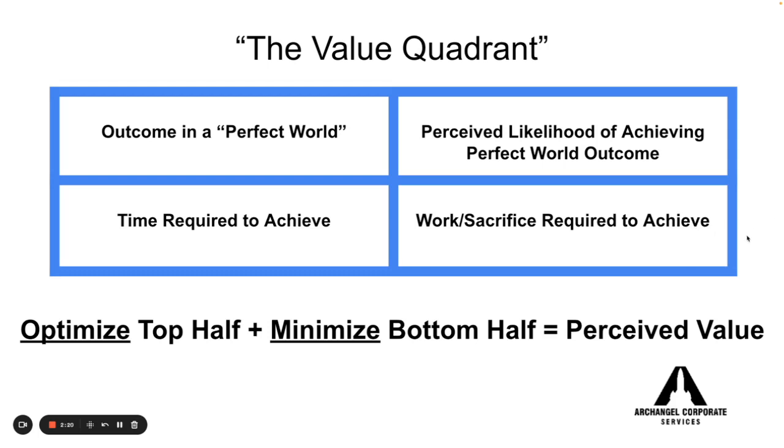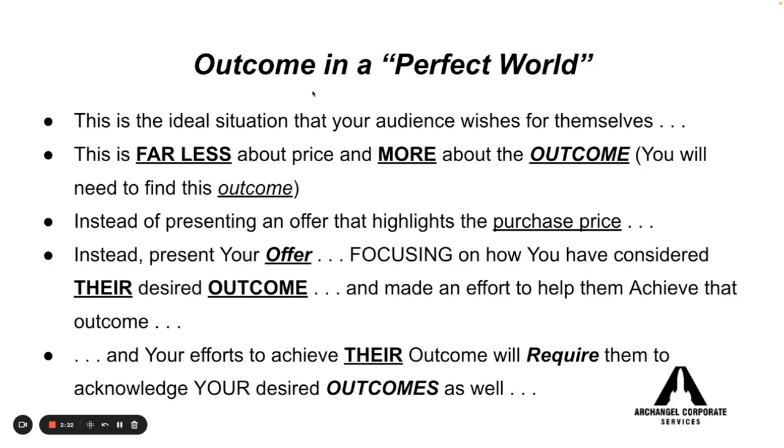Moving on here, we're going to cover each one individually. Outcome in a perfect world. This is the ideal situation, as I mentioned, that your audience wishes for themselves. So when we're presenting offers, sometimes it is about price, sometimes it is just strictly about the money, but a lot of times there's something far deeper, there's something far more important going on.